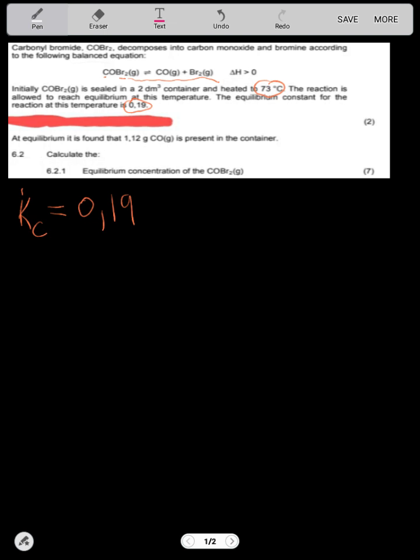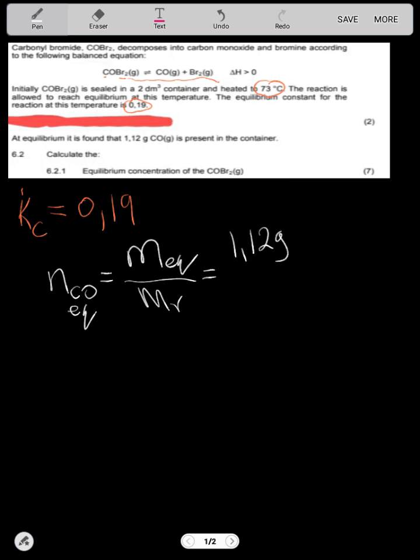So the number of moles of carbon monoxide at equilibrium is expressed as the mass of carbon monoxide at equilibrium over the molar mass. The mass is 1,12 grams.